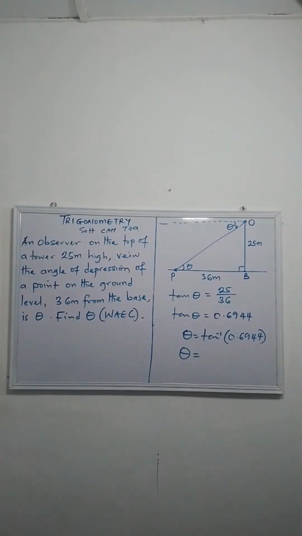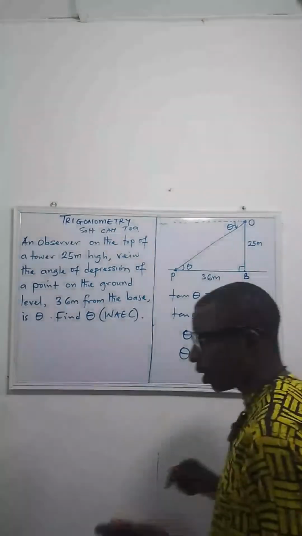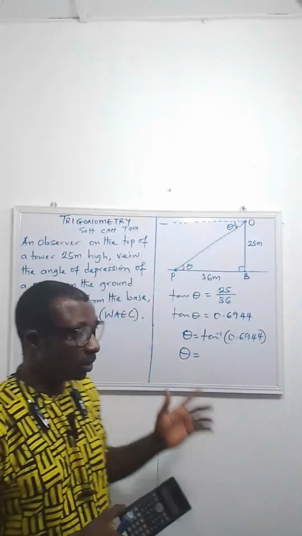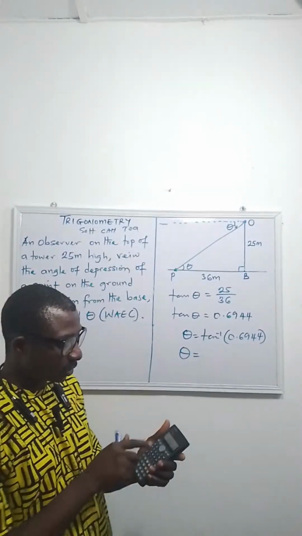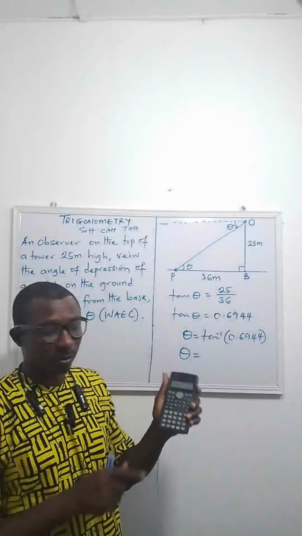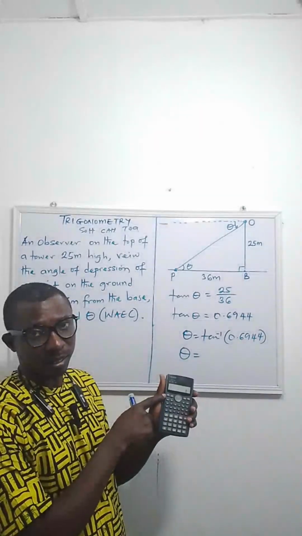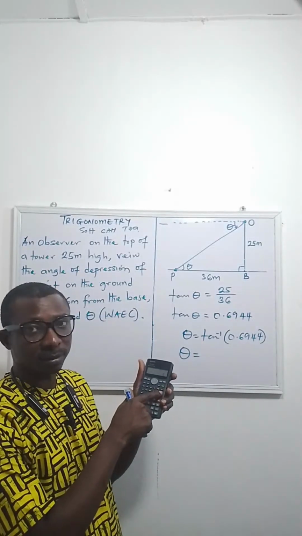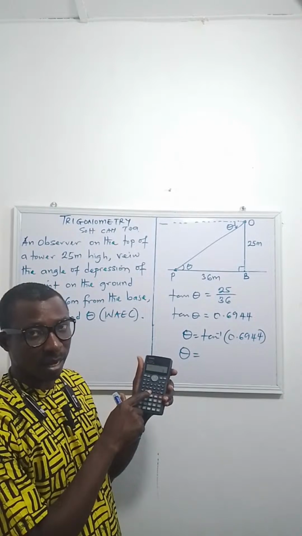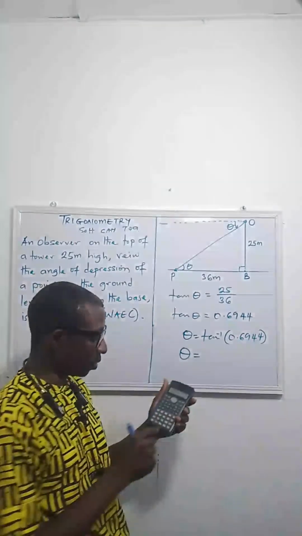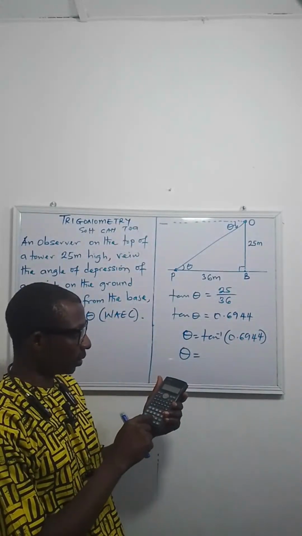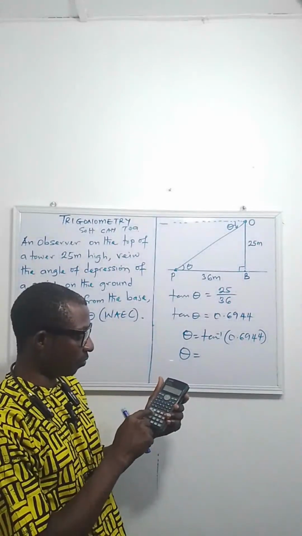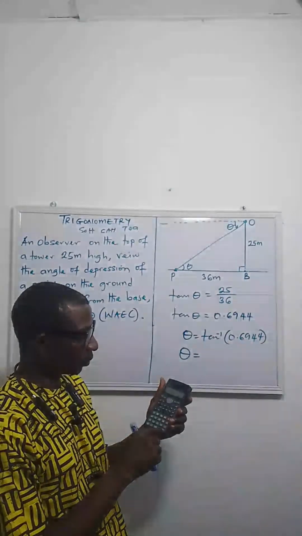Arctan. So for those of you that do not know how to make use of the calculator to do this, you just press Shift on your calculator. You have it at this corner here. Press Shift and press tan. After doing that, you now punch this number, 0.6944.